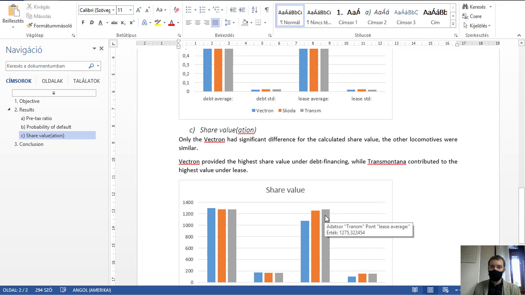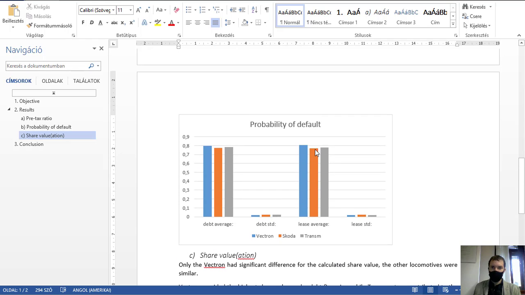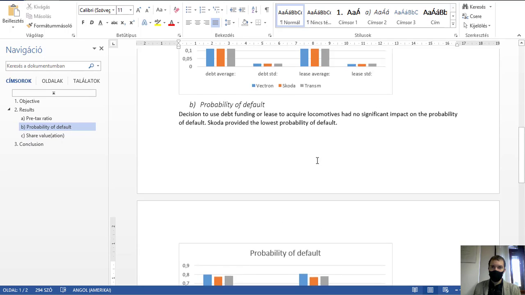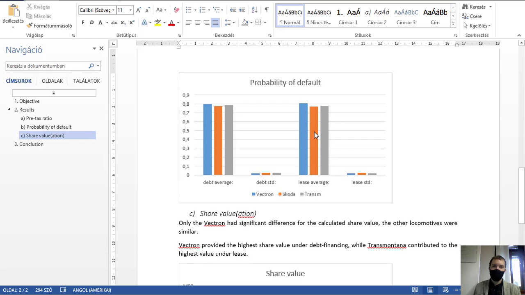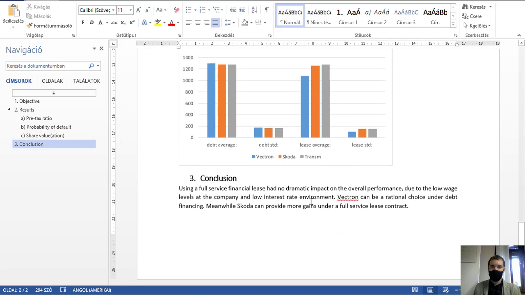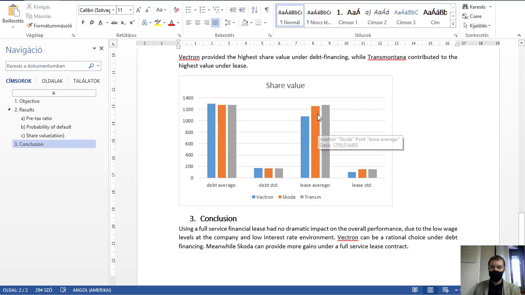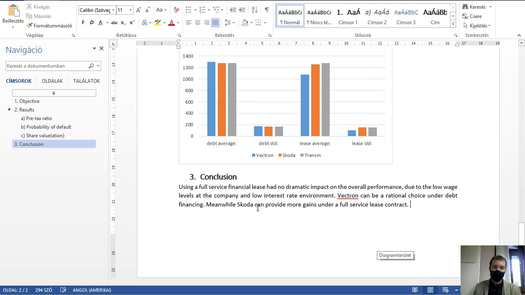Yes, because Transmontana had a benefit for share value here, but we can see that on average this is not that different. In the case of the probability of default, Skoda has a benefit, and in the pre-tax profit it also has a benefit. So let's say that if it was winning in two benchmarks and in the last benchmark has a close to similar result, then Skoda can be a bit better-ish.